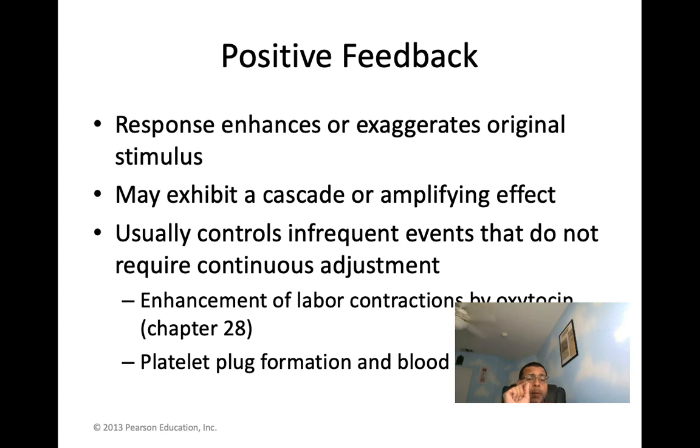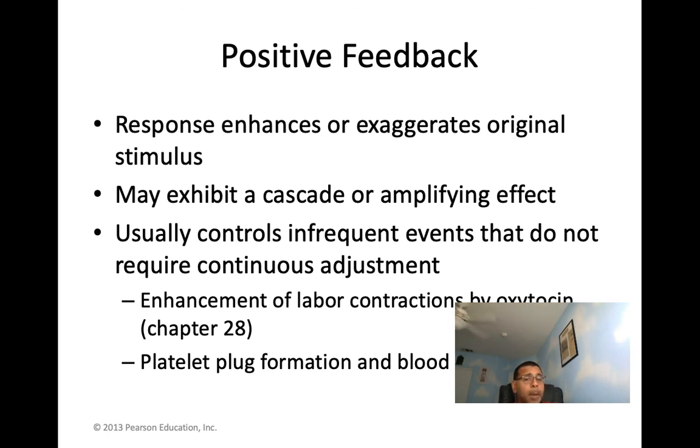It's going to be released from the neurohypophysis, the posterior pituitary, and it's going to get released in large amounts when you have distension of the cervix and also of the uterus.